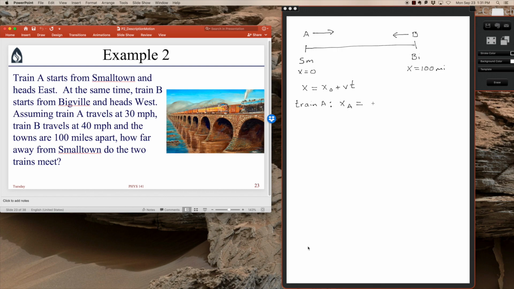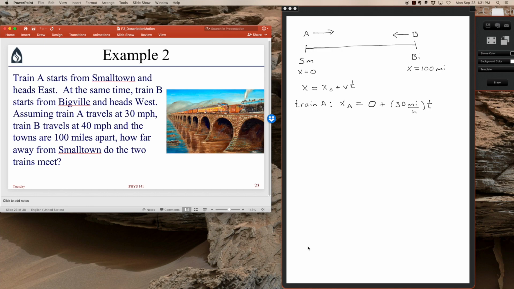So my x naught for train A would be 0 plus the velocity of train A. Train A is traveling with a velocity of 30 miles per hour in the positive x direction. So I would write down positive 30 miles per hour times the amount of time that it travels before it meets train B.